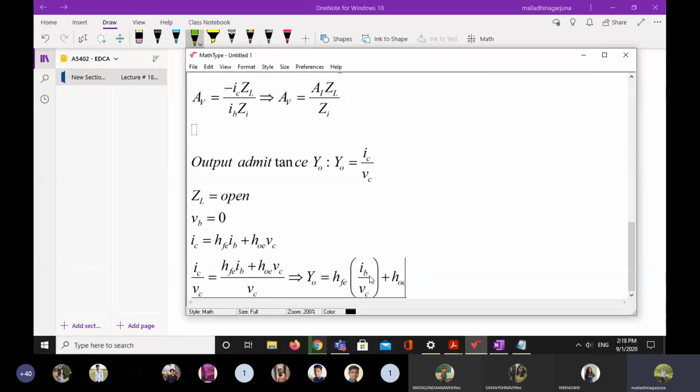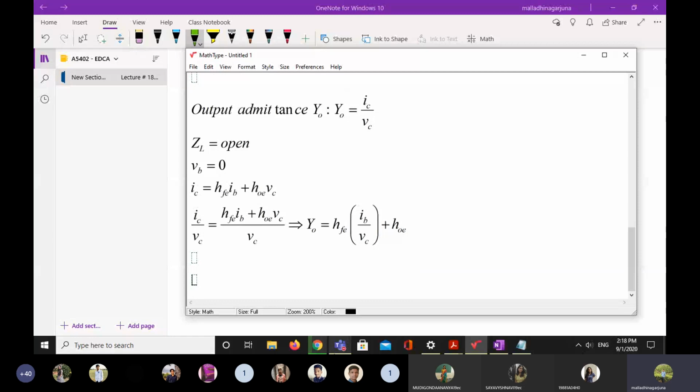So to identify the relation between these, we know that the input voltage should be constant. I told you the input voltage should be constant. So for that, I'm going back and taking the input equation: HIE IB plus HRE VC, that implies VS is 0.